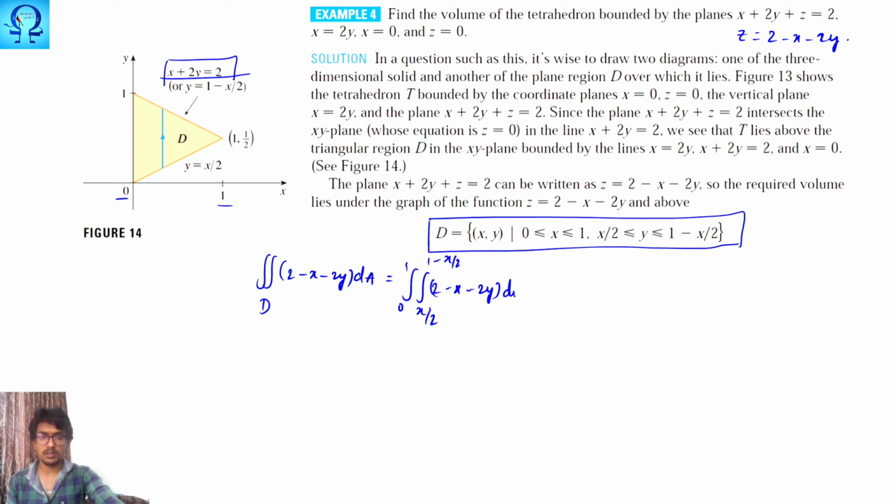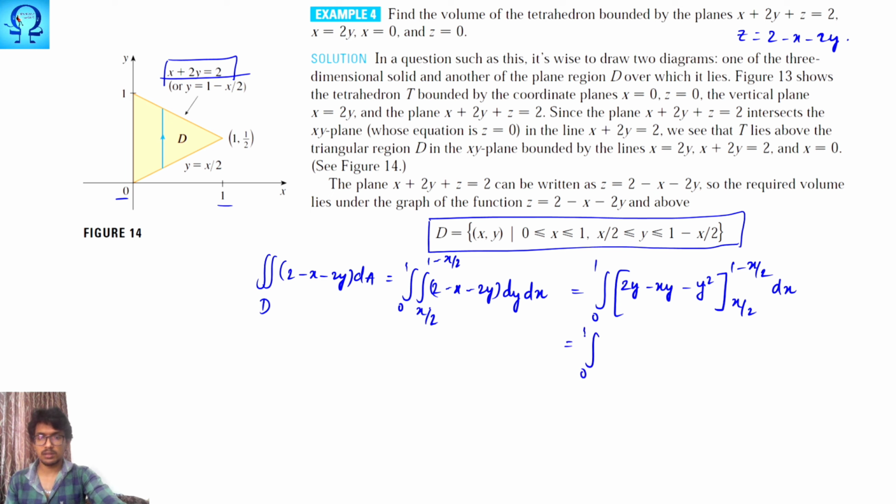First integrate with respect to y and then with respect to x. So the integral has turned into this, and this is integral 0 to 1, 2y minus xy minus, actually with respect to y we are doing, right? So it becomes y squared, from x upon 2 to 1 minus x upon 2, dx.